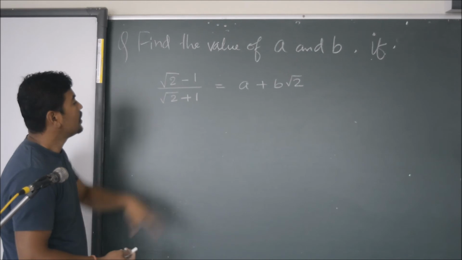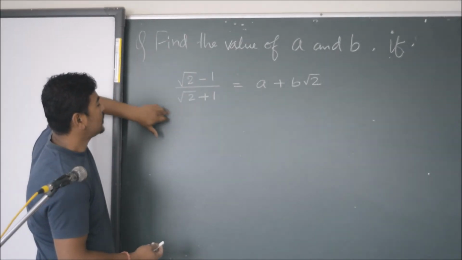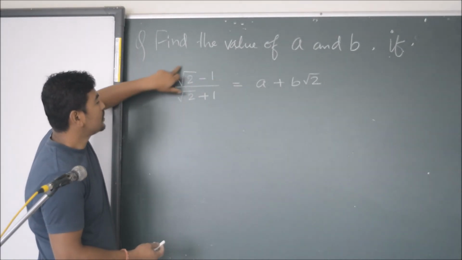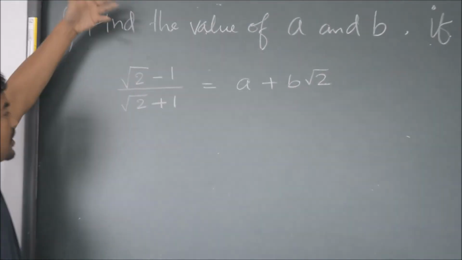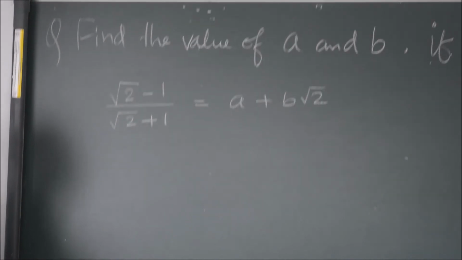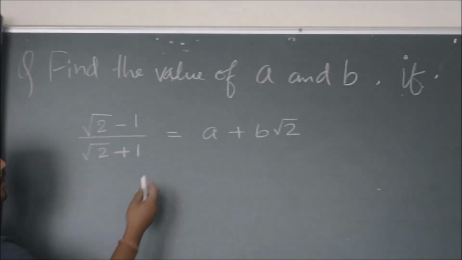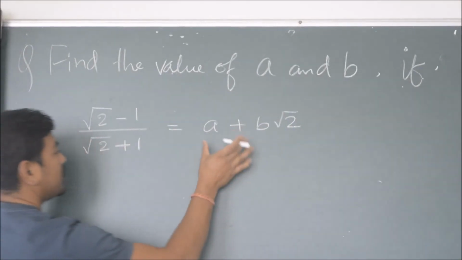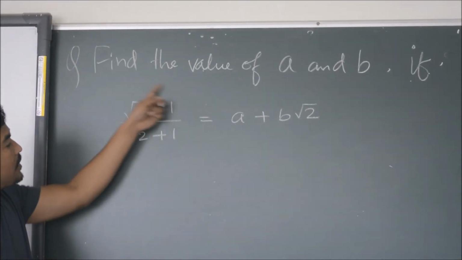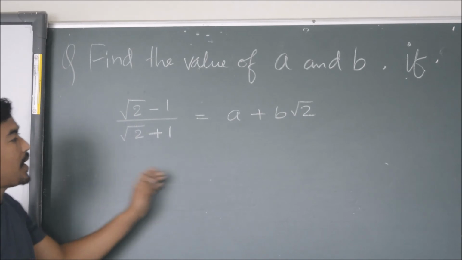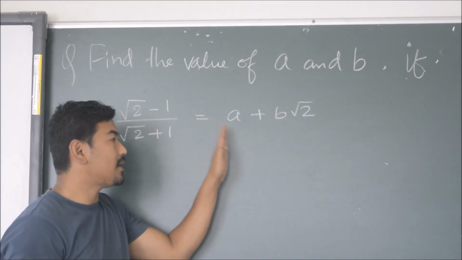Let's see. If you look at the left hand side, you can rationalize the denominator as in the previous one, like we have done, and the right hand side we will keep as it is. So again I'll repeat it. Left hand side we will do rationalizing the denominator and right hand side we will keep as it is.